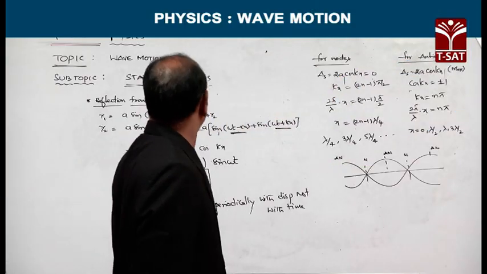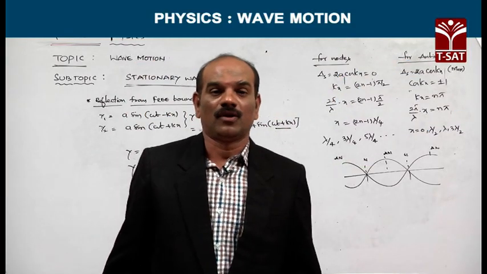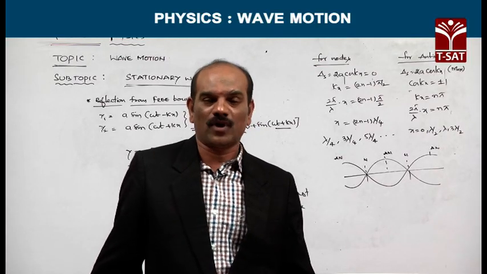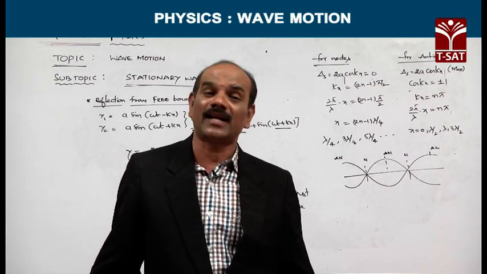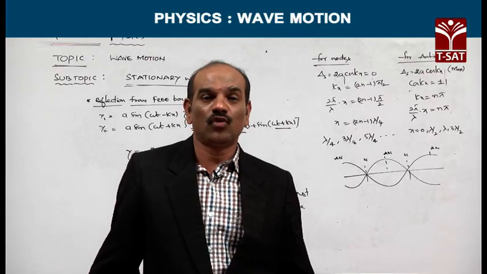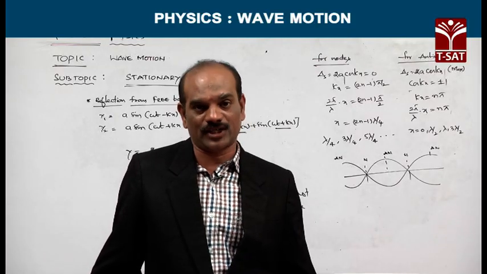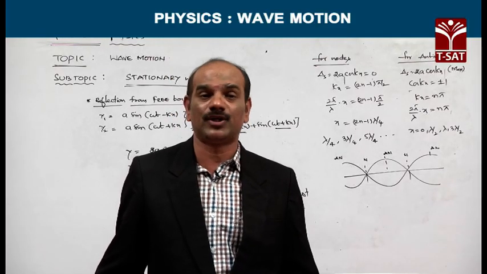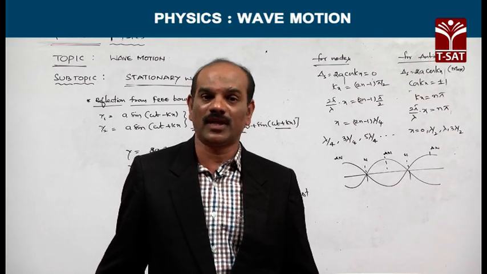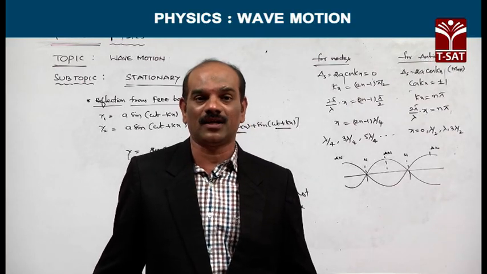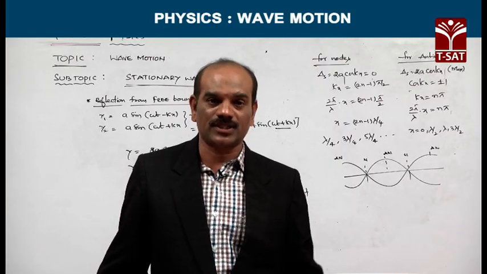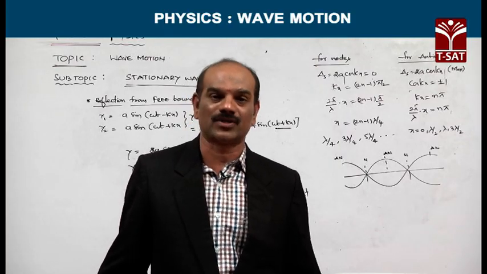Stationary waves or standing waves. When two sets of longitudinal or transverse waves moving in opposite directions, having the same amplitude, same wavelength, same frequency, superpose each other, as a result standing waves are formed.